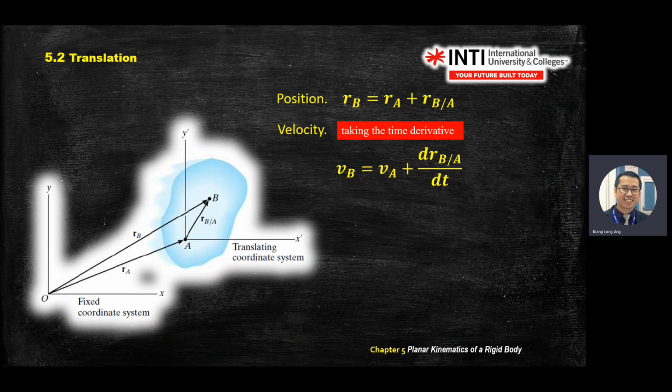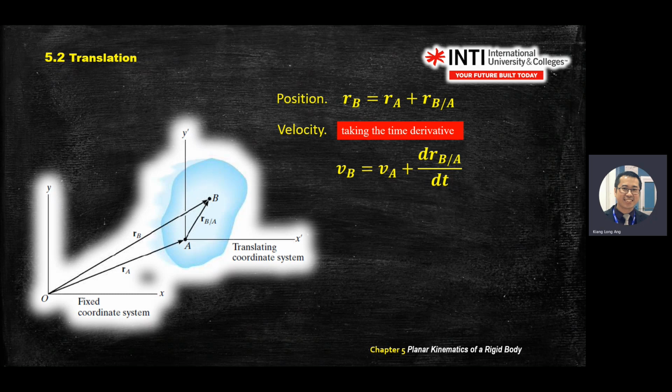And if you look carefully on the diagram, this is the time derivative. On the rigid body, on your body, for example, the distance between your eyes and your mouth is always the same, right? It won't move.